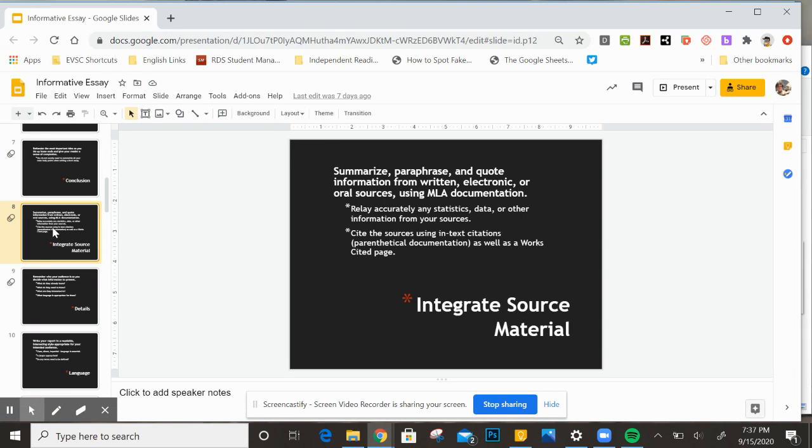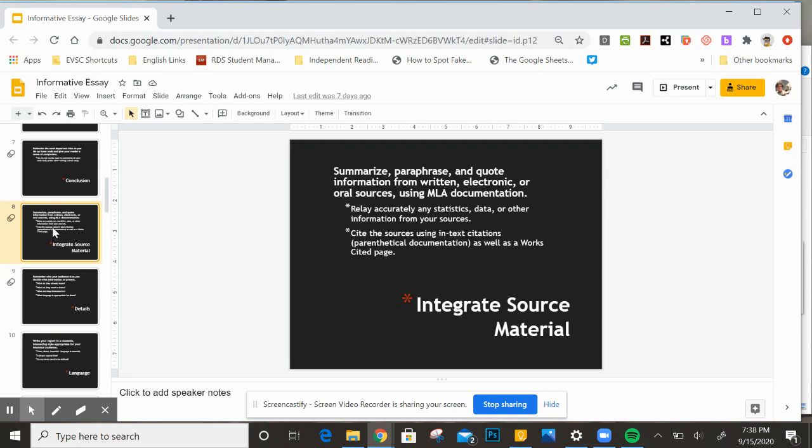Now, when it comes to source material, those credible sources that you're going to have to really help the audience understand the topic, okay? We want to talk about integrating these sources, and we do that by summarizing, paraphrasing, and quoting. Now, a quote is when you take one or two sentences. These are general guidelines, not absolutes, but a quote is one or two sentences long, and it is in quotation marks, and it's followed by a citation.